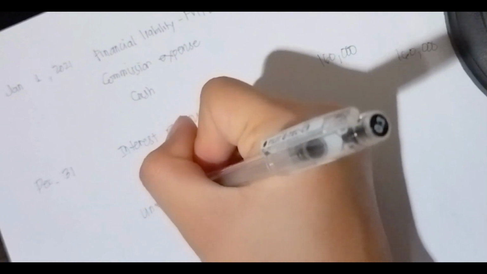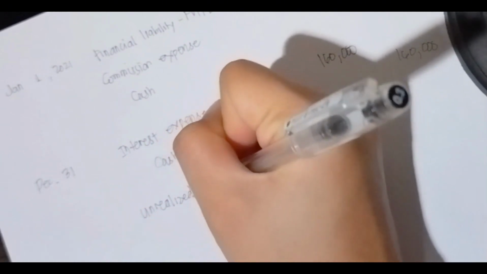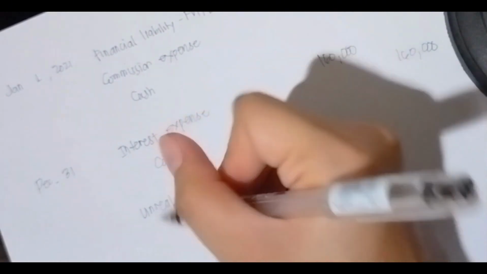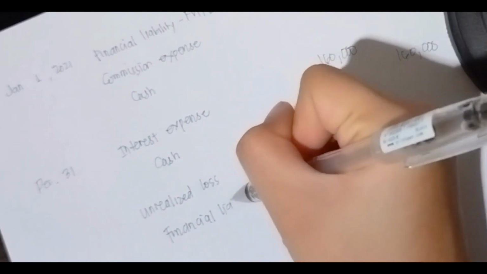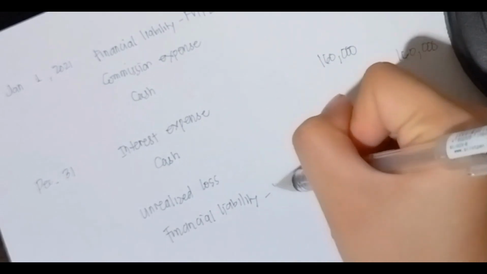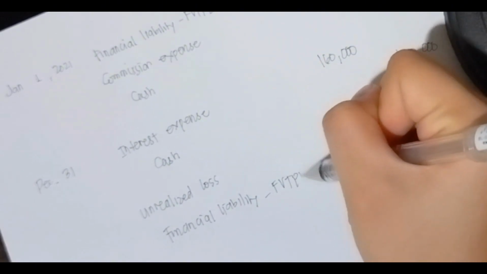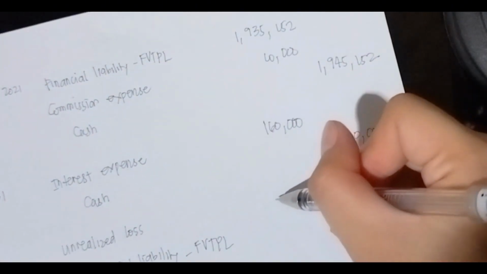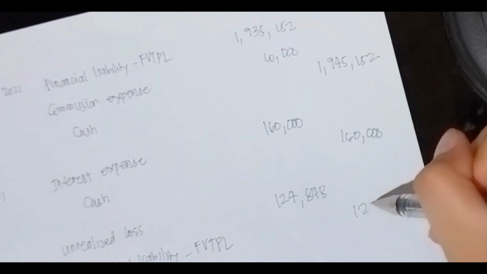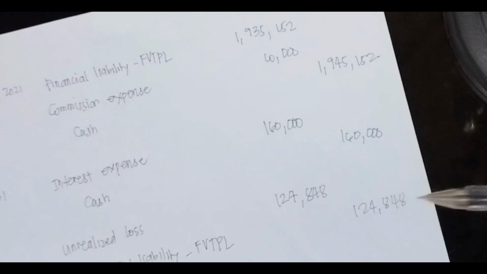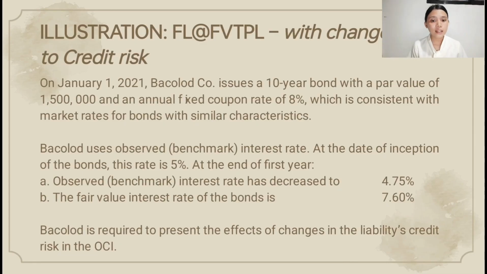We debit unrealized loss and we credit financial liability at fair value through profit or loss, which is equal to 124,848 and 124,848.